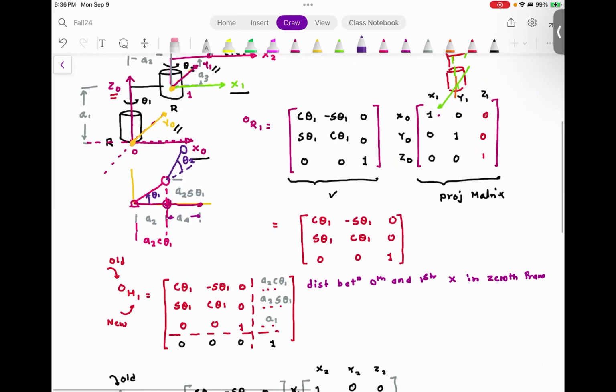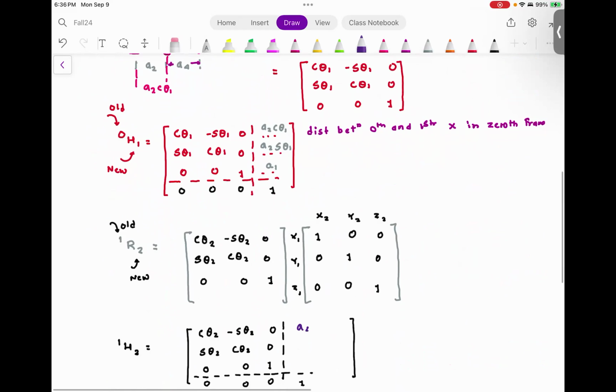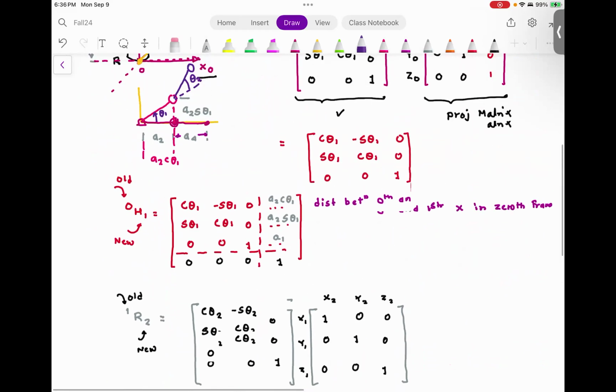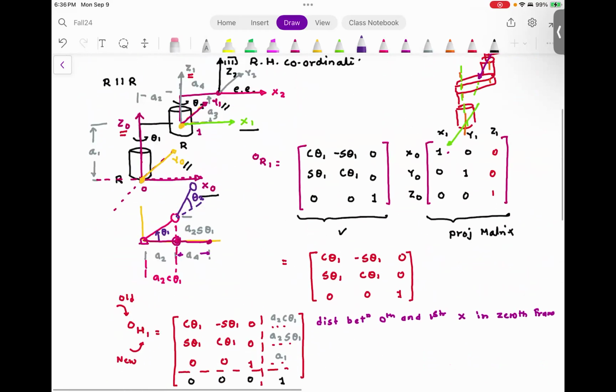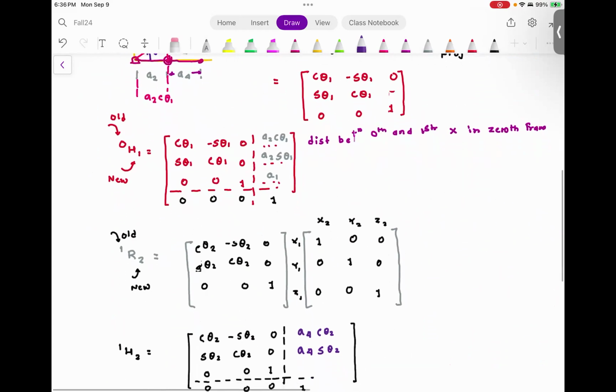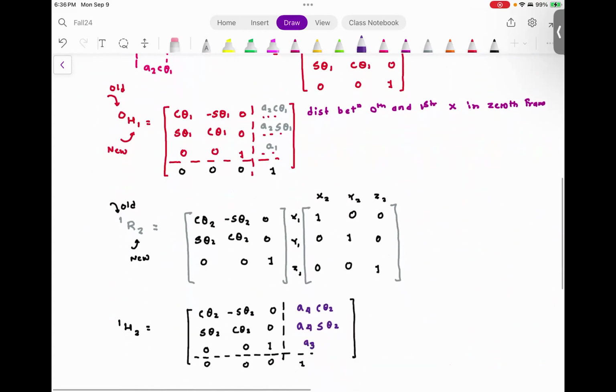So if I were to write this down here, this is going to look like A4 cosine theta 2, A4 sine theta 2, and then I would be left with A3. Are you with me so far? Once again, the homogeneous transformation contains the information about the relative rotation of the coordinate planes and the relative displacements between the coordinate planes.